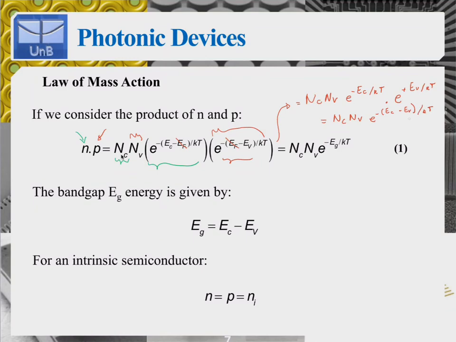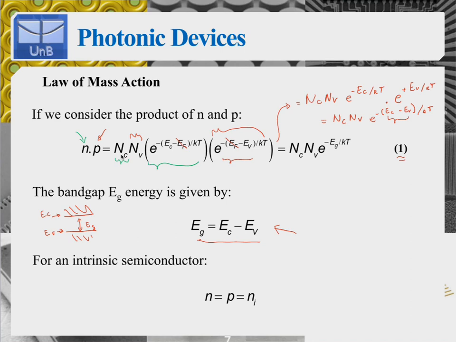And therefore, you can substitute this by the band gap energy, right? EC minus EV is equal to the difference between the conduction band edge energy and EV, the valence band edge energy, which is exactly equal to the band gap, the forbidden band gap energy. Therefore, you get this result, and let's keep this result in mind.